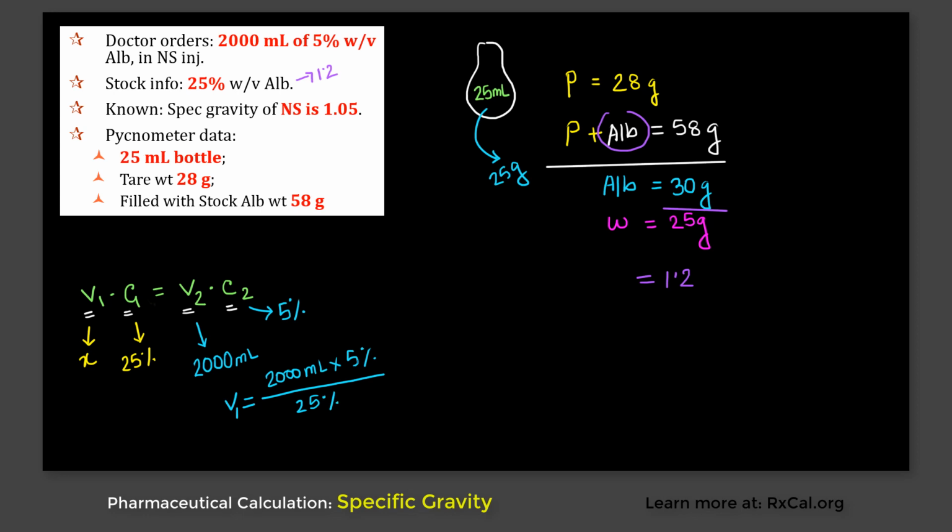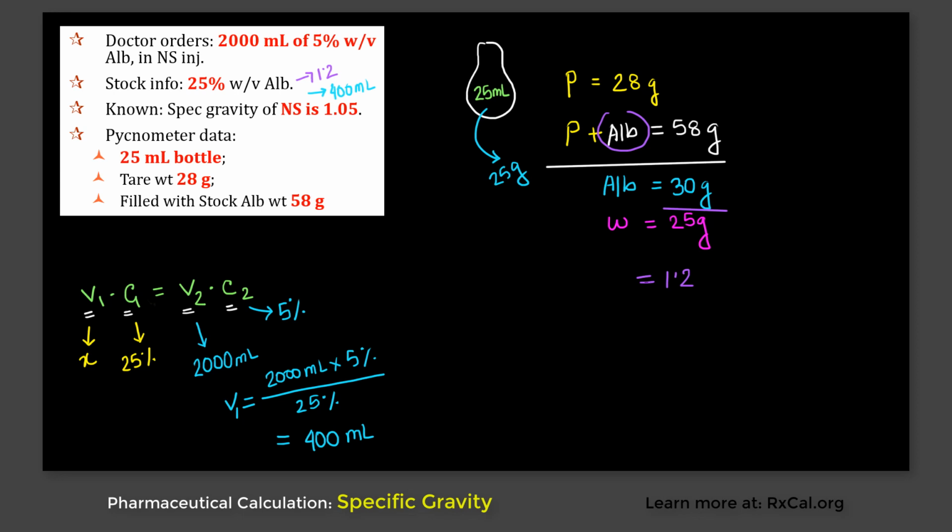So the percent signs go away and we only have a volume of 400 ml. So we need 400 ml from here to make the diluted concentration, which is 5%, but the volume will be 2000 ml.